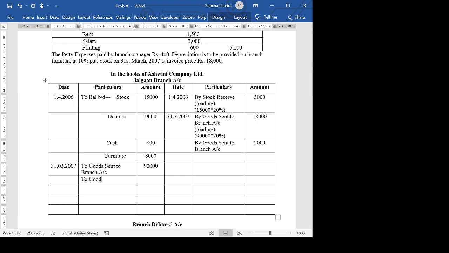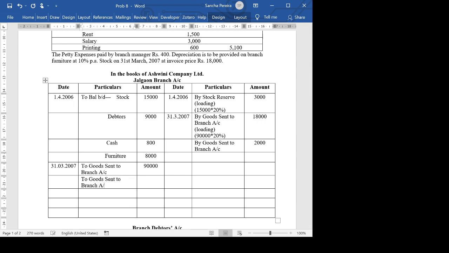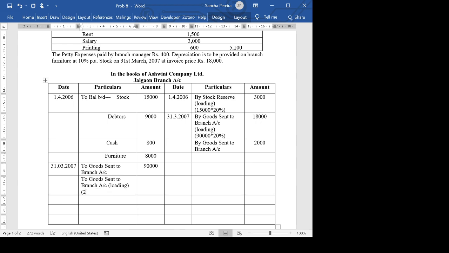To goods sent to branch account, this is loading, and it will be 2,000 into 20%, which comes to 400.